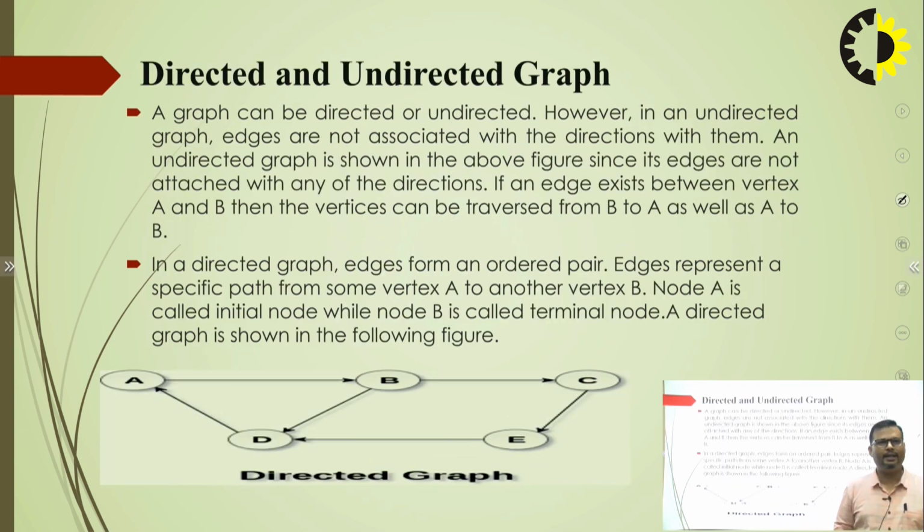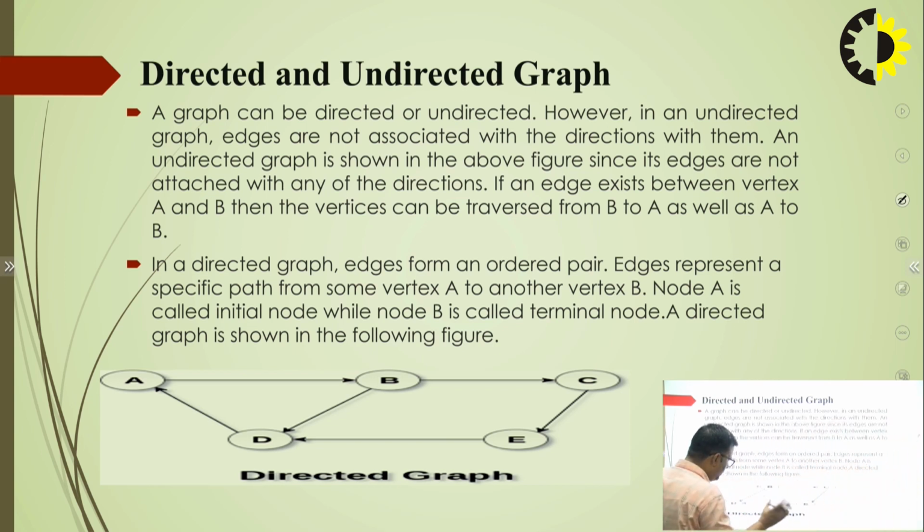A graph can be directed or undirected. Here we also mention a directed graph, because here direction is given: A to B, B to C, C to E, E to D and D to A. These are the directions.